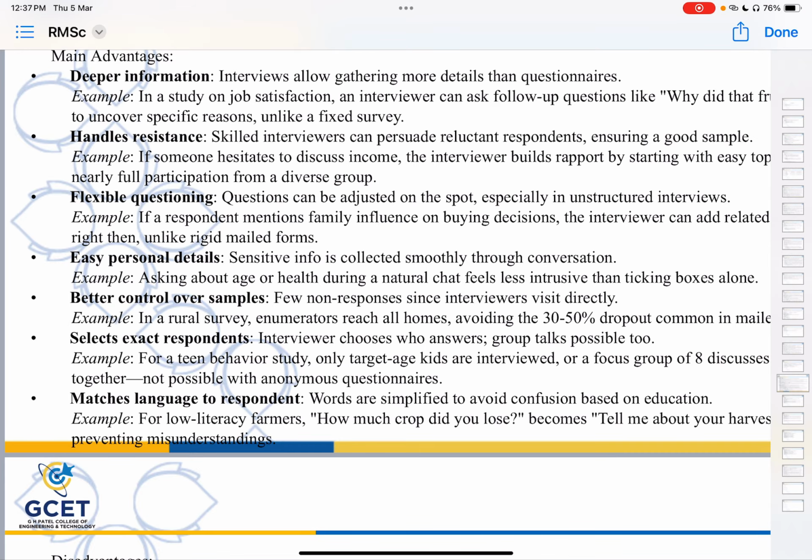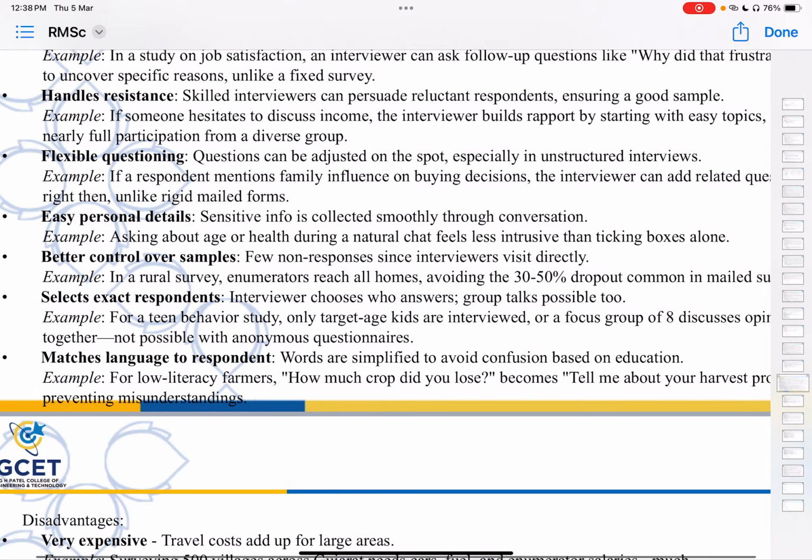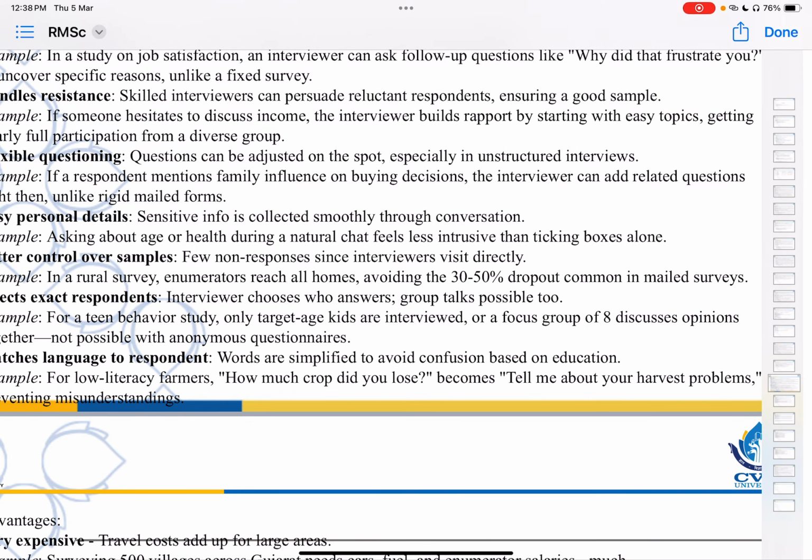Group talks are also possible. Matches language to the respondent, so words are simplified to avoid confusion based on education. For low literacy farmers, instead of asking how much crop did you lose, you can ask, tell me about what harvest problems.